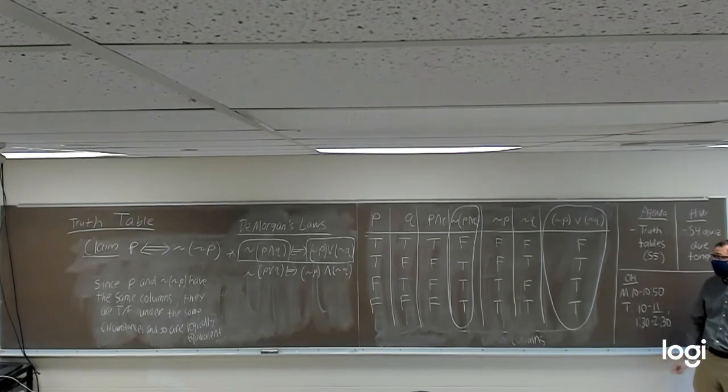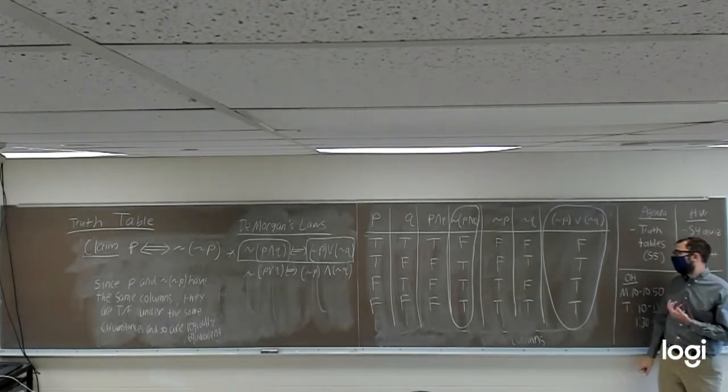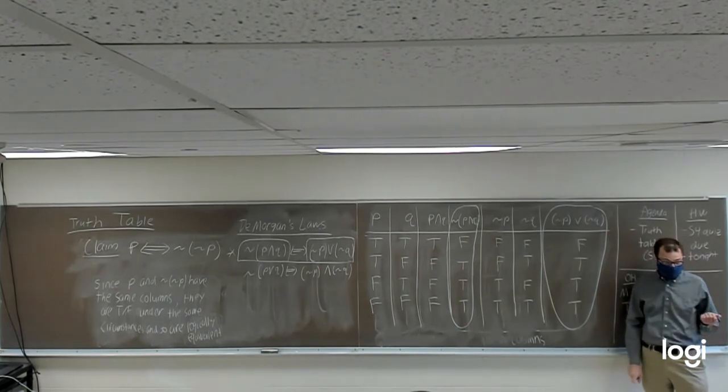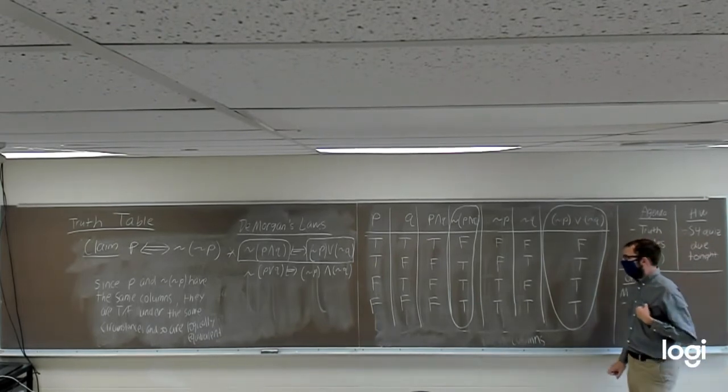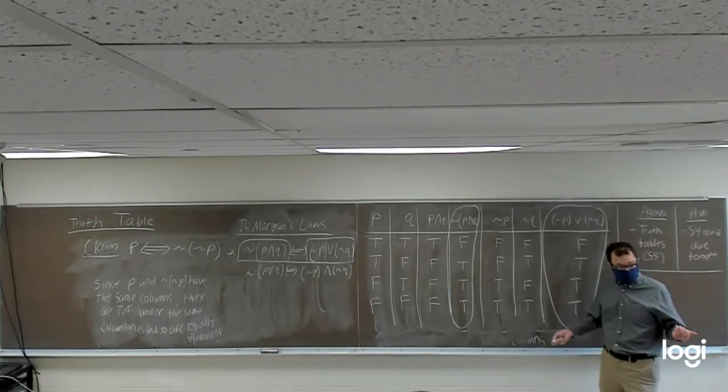There we have it. Negation of P and Q has the exact same column as not P or not Q. They are both false under the scenario where P and Q are both true, and they're true under every other scenario.